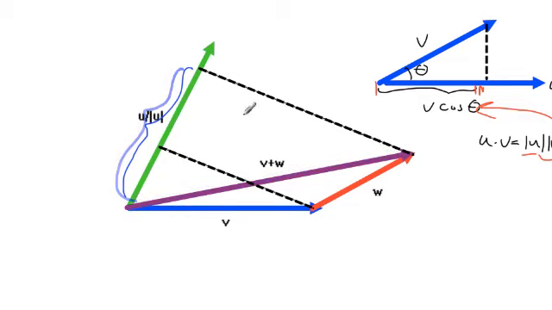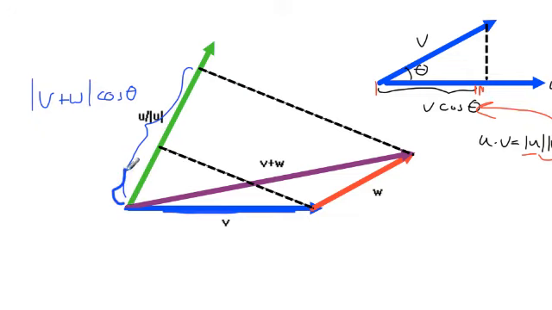That means that this segment is the magnitude of v plus w times cosine theta. Along with that, if we project this vector onto this, we have this portion here. So let's label that: that portion is v cosine of theta.